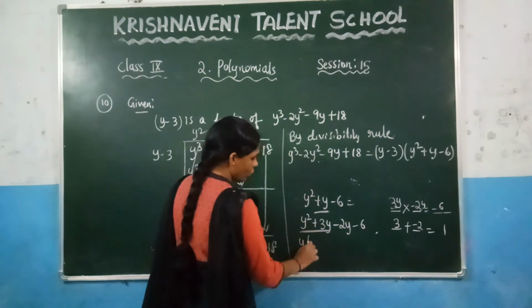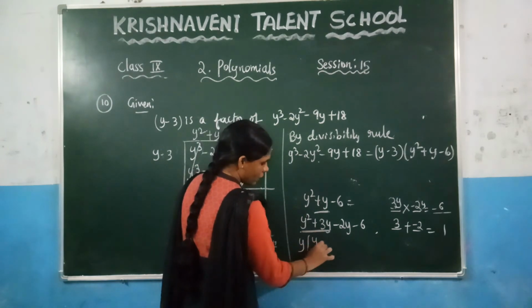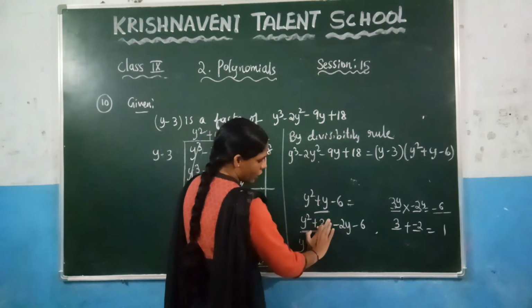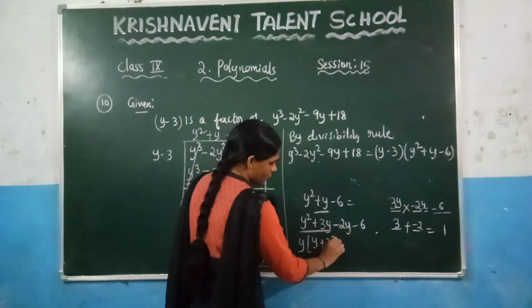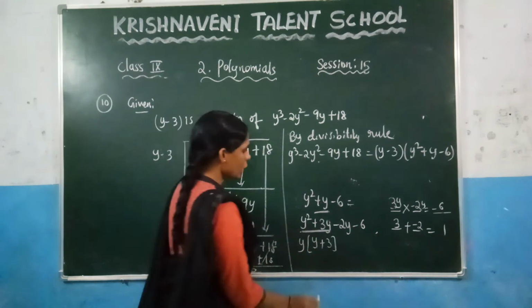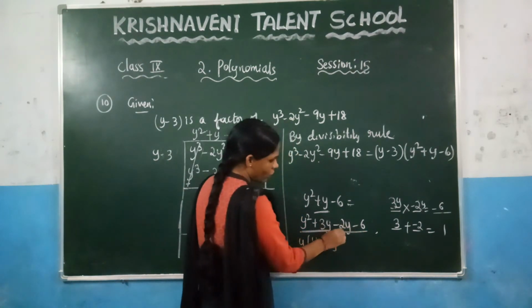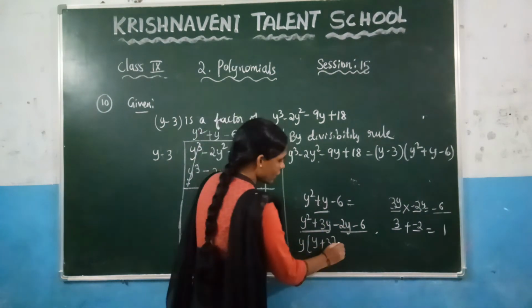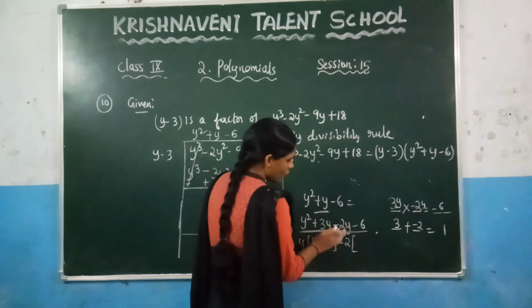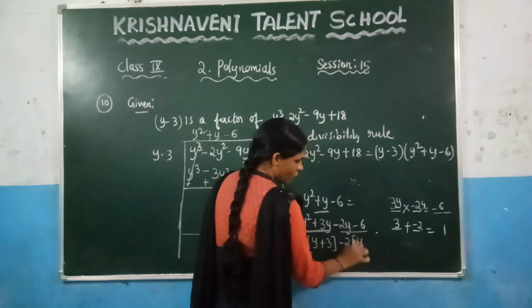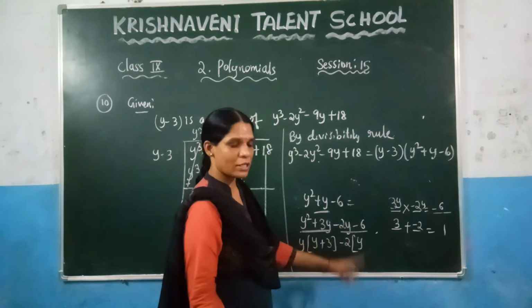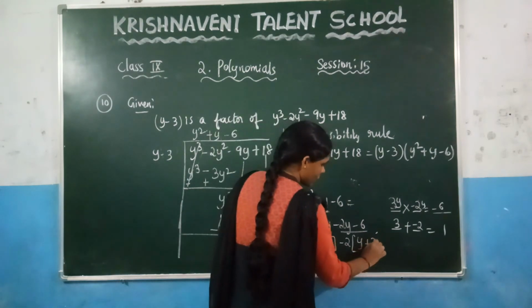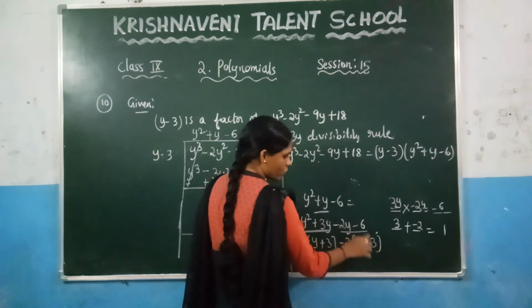If you take y common, y will be left out, and since we have taken y common, the number left out here is plus 3. Now clearly you can observe that from these two terms, you can take minus 2 as common. If you take minus 2, what is left out here is y, and plus 3, because you know that 2 into 3 is 6.